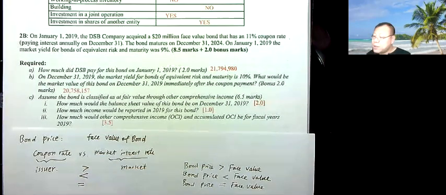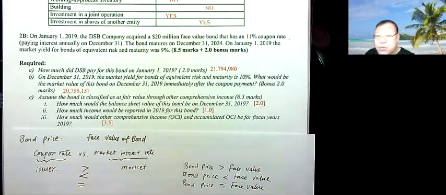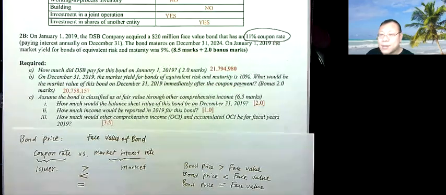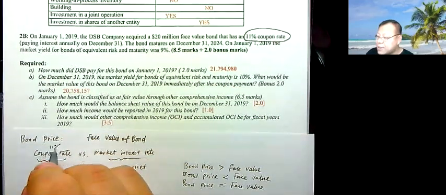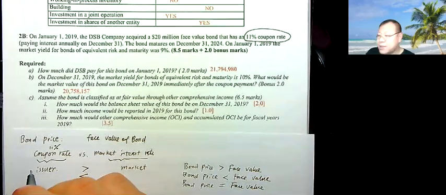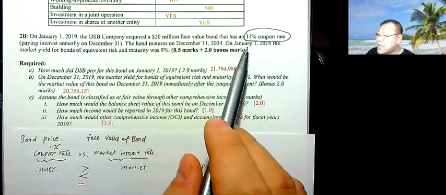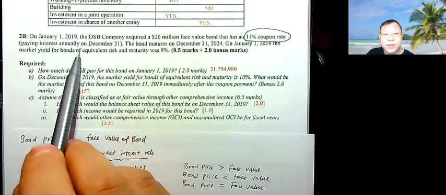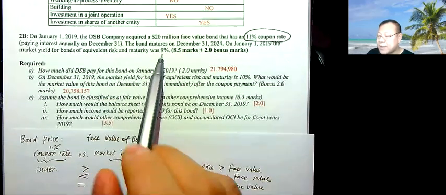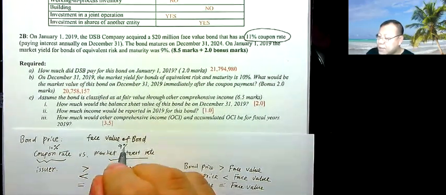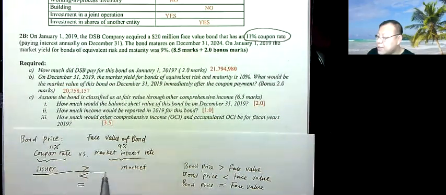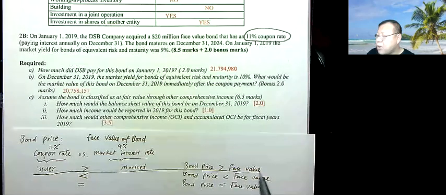So in this question, the coupon rate is 11%. And what's the market rate? On January 1st, 2019, the market yield for bonds of equivalent risk and maturity was 9%. That's the market rate. So 11% is more than 9%, which fits into the top scenario.